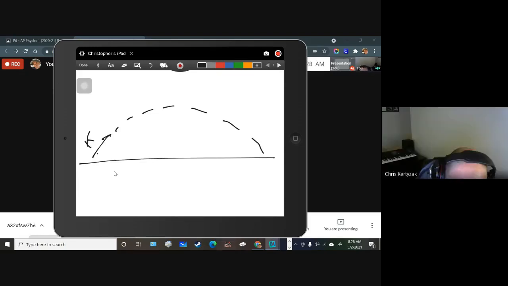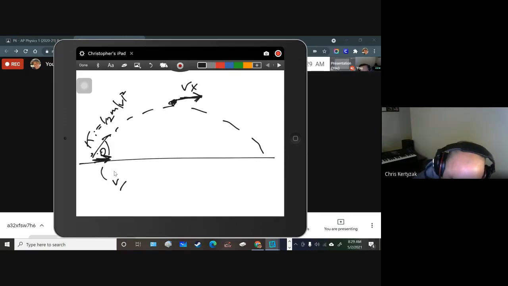Remember that the initial kinetic energy of a launch would be your normal 1/2 mv squared, where v represents the launch speed, whatever speed it has at launch. Usually they reference this top speed up here. Remember, this is just Vx. Vx is set at launch, which is the initial speed cos theta, since that's an adjacent component.